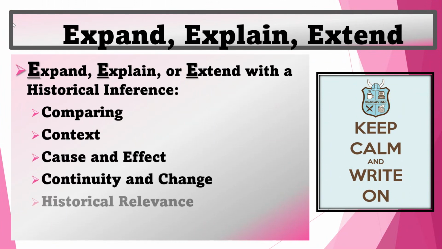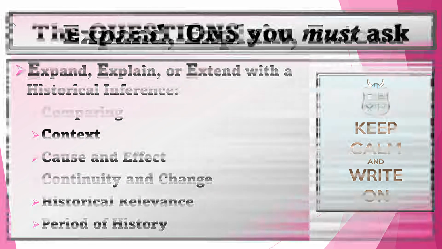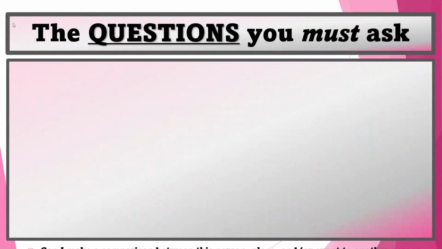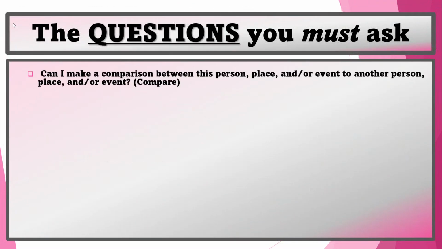And we're going to consider our historical inferences. We're going back to those. Comparing context, cause and effect, continuity and change, historical relevance, or period of history. Now, I did ask some questions to do this, and I just kind of went through the historical inferences. Can I make a comparison between this person, place, and or event to another person, place, and or event? That's compare.